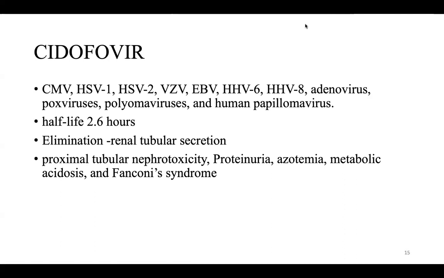Concurrent administration of other potentially nephrotoxic agents, for example, amphotericin B, aminoglycosides, non-steroidal anti-inflammatory drugs, foscarnet, pentamidine, should be avoided. Prior administration of foscarnet may increase the risk of nephrotoxicity. So that's all for treatment of herpes virus.